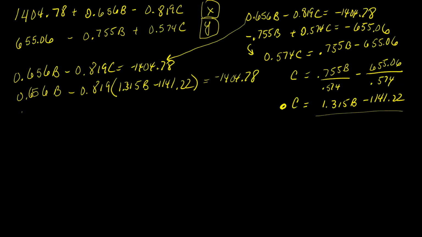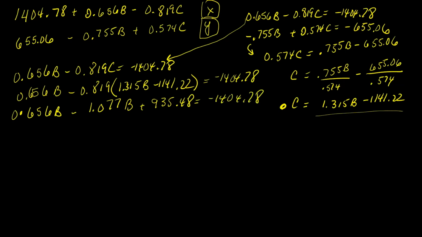All right, this gives us 0.656 B's minus 1.077 B's plus 935.48 equals negative 1404.78.